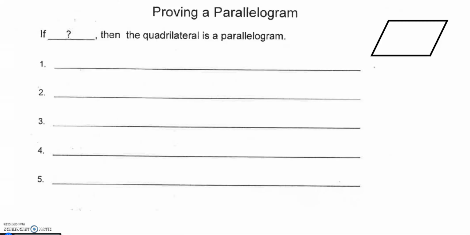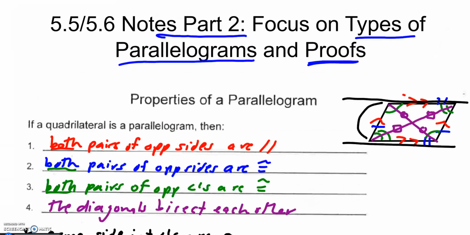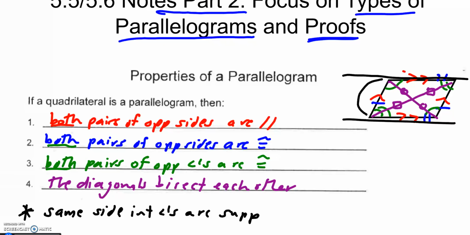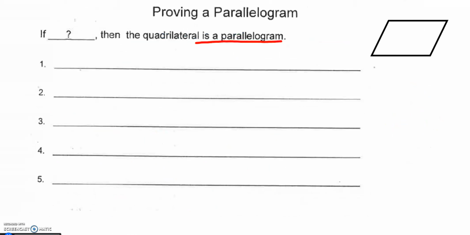If blank, then you prove a parallelogram. So notice again the theme back here about both pairs of a lot of things. That theme is going to continue here. So let's start with the similar first one. If you have a shape where you can prove that both pairs of opposite sides are parallel, then it must be a parallelogram.